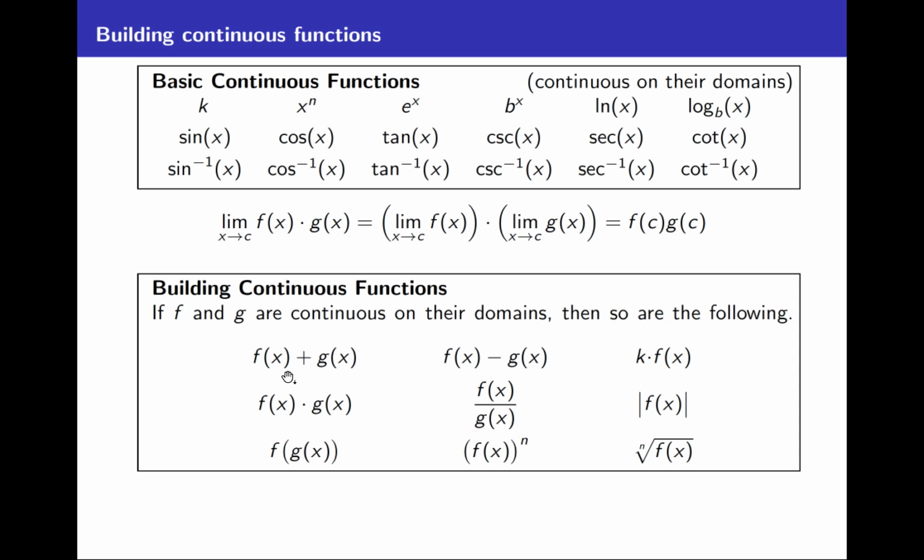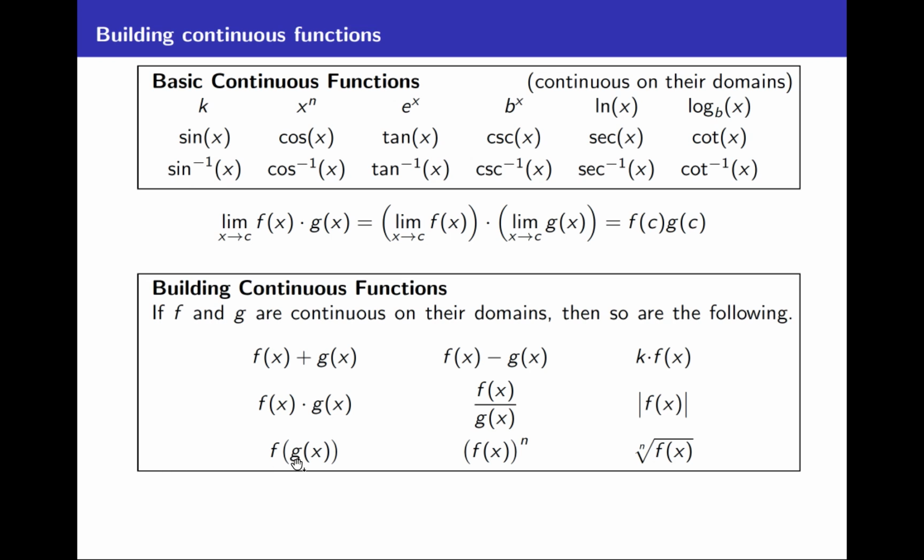Also f of x plus g of x, because you could use the corresponding limit law for f of x plus g of x, you'd get f of c plus g of c. And you'd conclude that f of x plus g of x is continuous at any number c in its domain. F of x minus g of x is going to be continuous. A constant k times f of x, and f of x divided by g of x, using the limit law for the quotient.